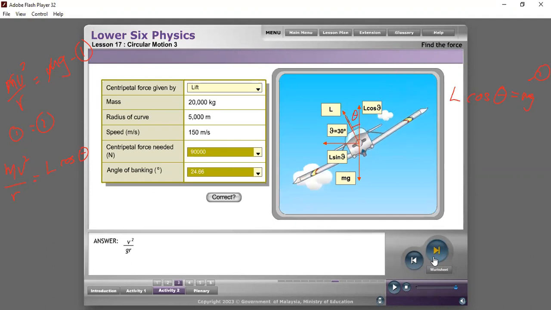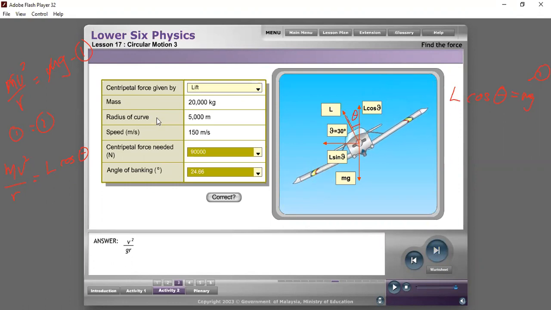mv squared equal to L cos delta. Divide L sine theta by L cos theta. What do you get? Answer: v squared over gr.